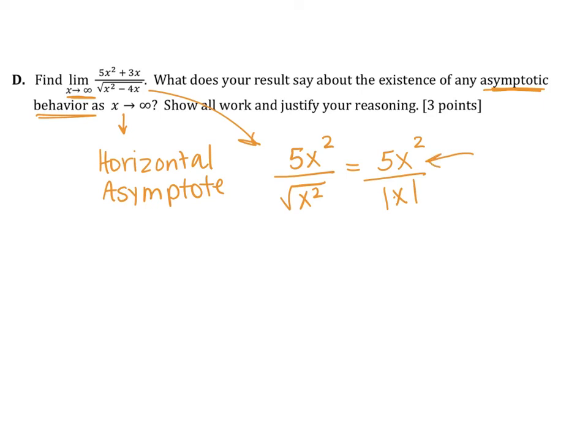So notice for this one, as x approaches infinity, as x increases without bound, then f of x here, or that limit, or I'll just go back and call it, was it f of x? No, it wasn't. Let's go back and just call it what we've got it to be. Then our limit, 5x squared plus 3x over the square root of x squared minus 4x, here becomes unbounded.